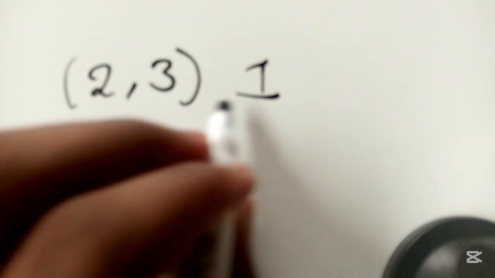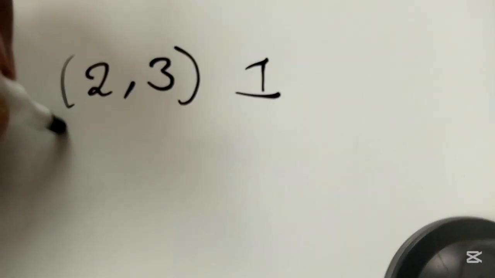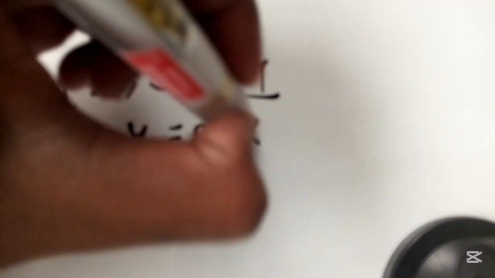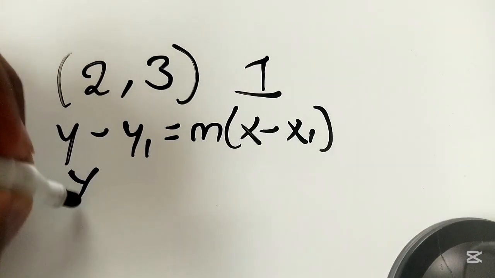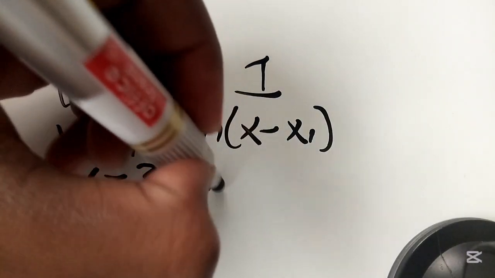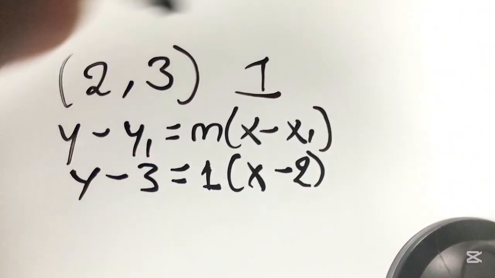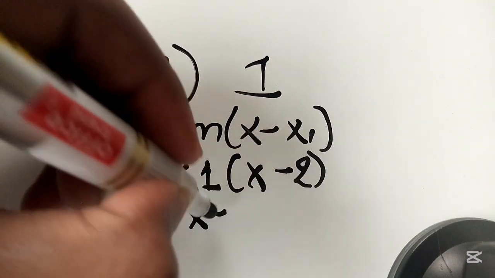Let's have another quick example. We have (2, 3), and it lies on a line with the gradient of 1. So we're going to say y minus y1 equals m times (x minus x1), and then y minus our y1, which is 3, equals m, which is 1, times x minus x1, which is 2. So y minus 3 is equal to x minus 2.